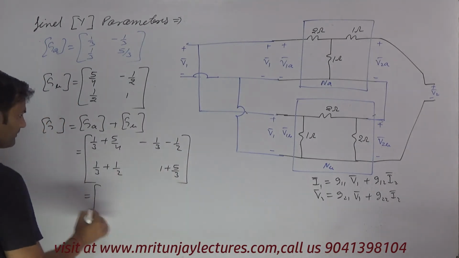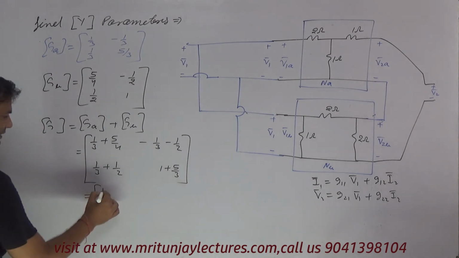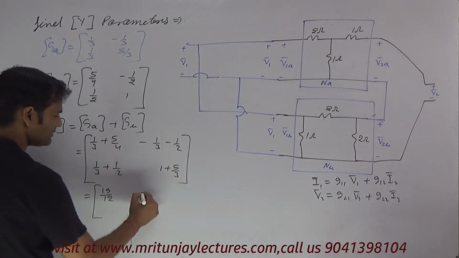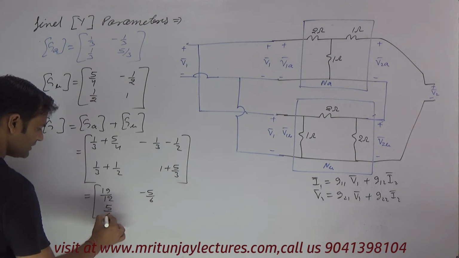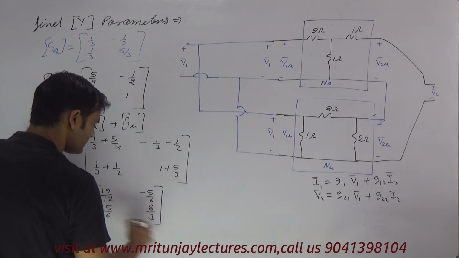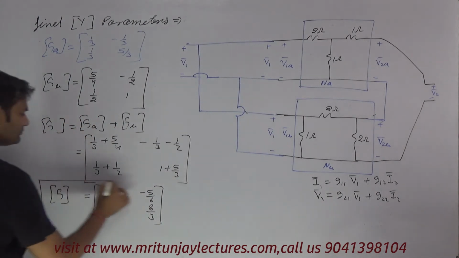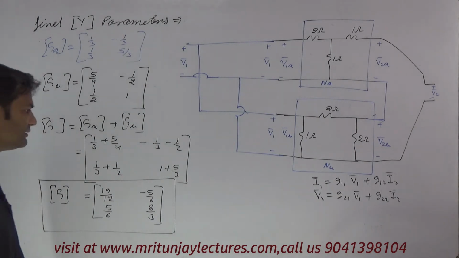So we got 4 plus 15, that is 19 by 12, minus 5 by 6, 5 by 6, and 8 by 3. That is G. This is the G parameter.